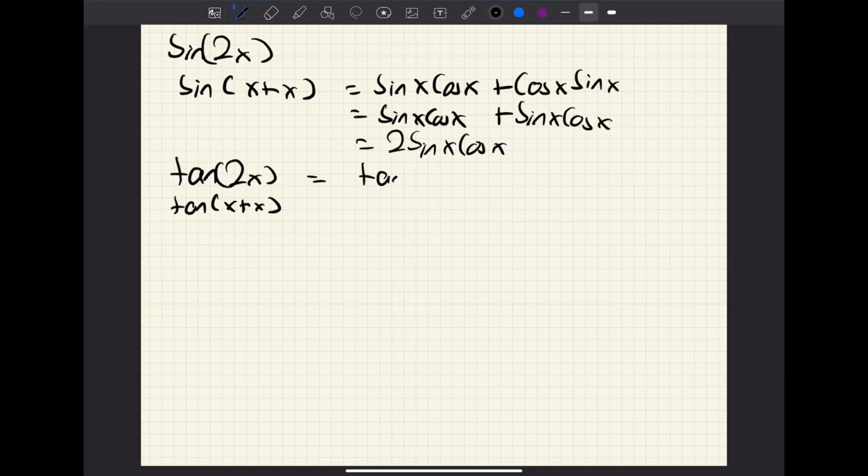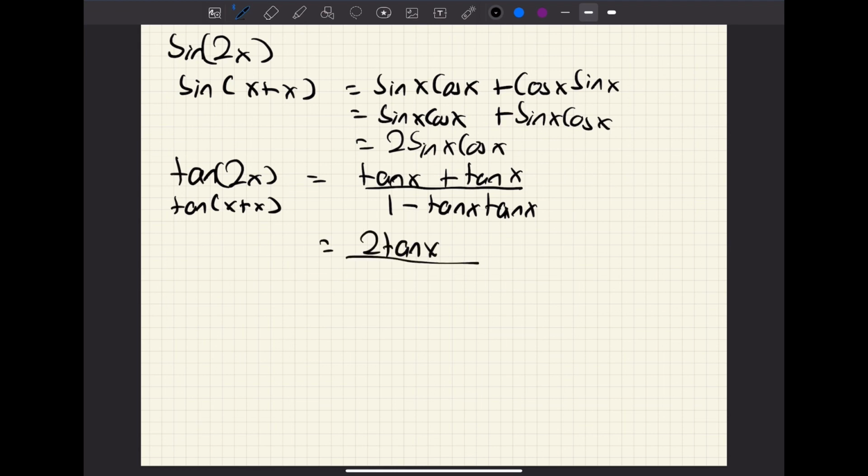That gives tan x plus tan x over 1 minus tan x tan x. So that would be 2 tan x over 1 minus tan squared x.